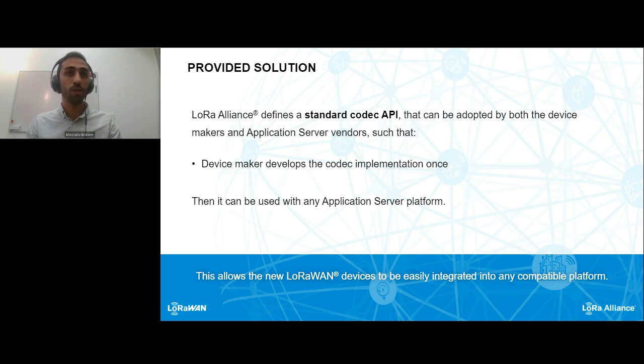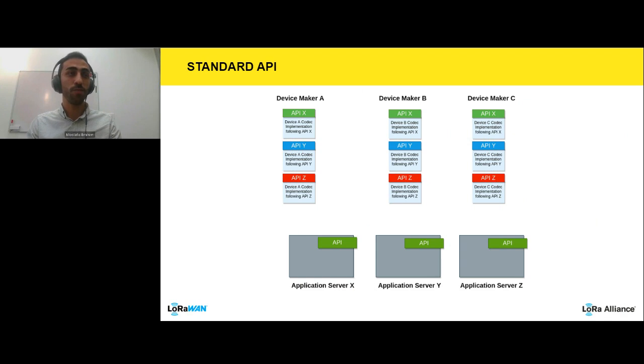So let's go back to the same example that we have taken before, but now you can see that all the application servers use the same API, which is the standard API that we are providing here in the specification. And the device makers A, B, and C each have only one device.